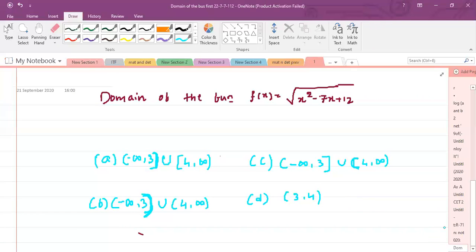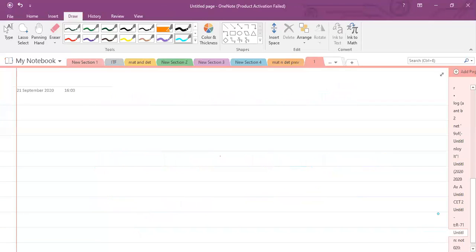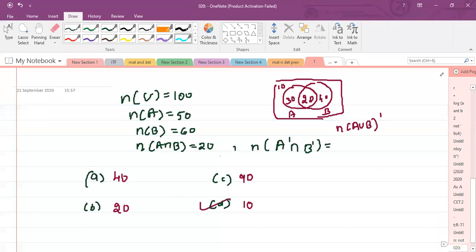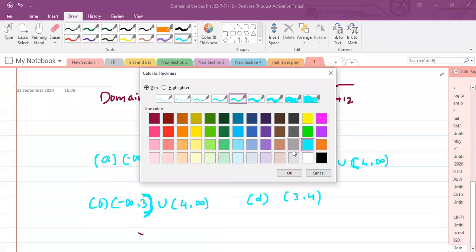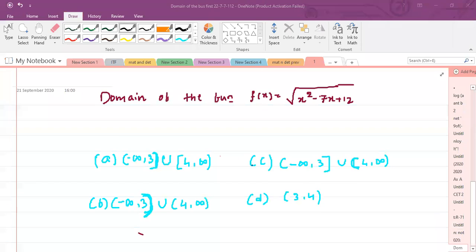I have already explained a very simple method to calculate all these values. So now the condition is that x square minus 7x plus 12 should be greater than or equal to 0.